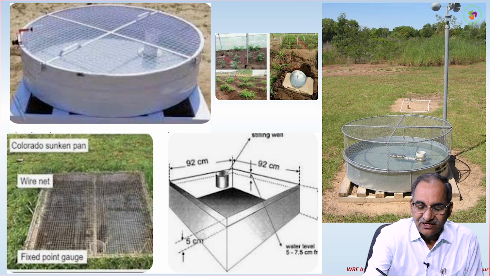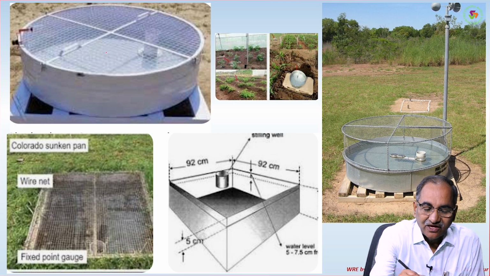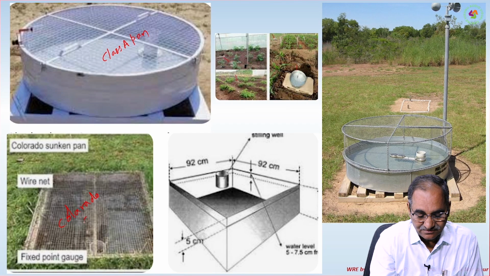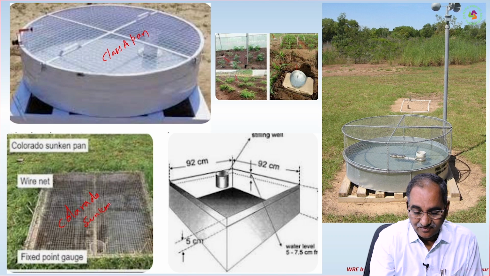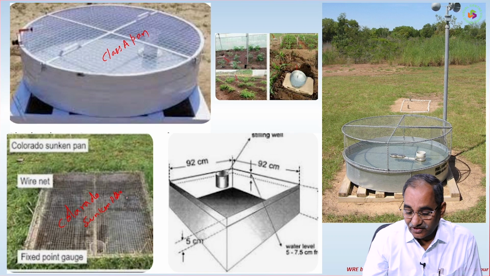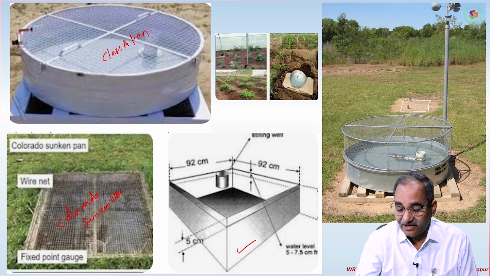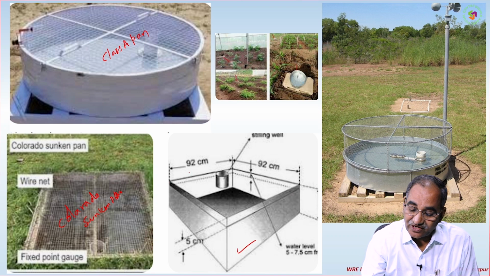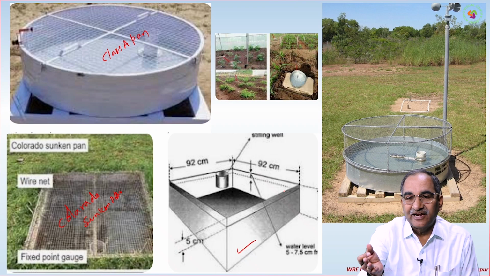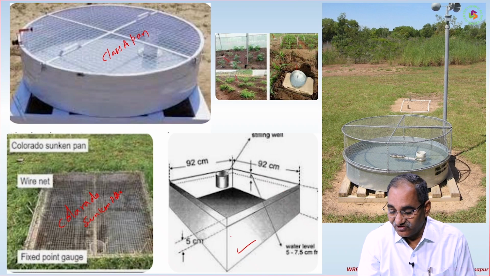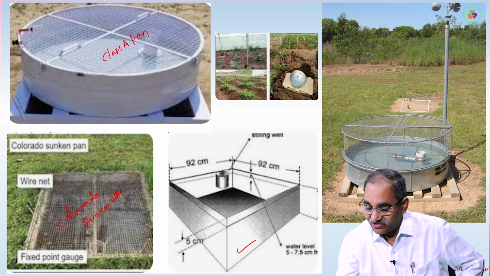Now you can see this is the Class A pan. This is the Colorado sunken pan. It is a rectangular one, approximately 92 centimeters by 92 centimeters, and its height you can see here.